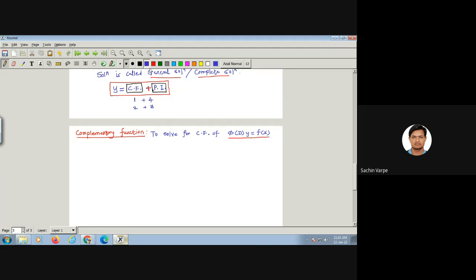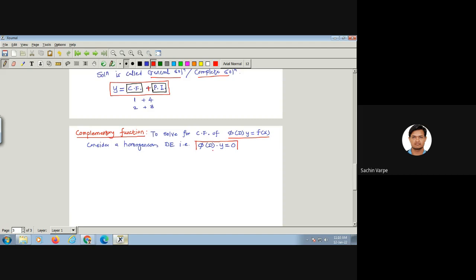So to solve this, we consider a homogeneous differential equation, that is phi of D into y is equal to 0. So this is called a homogeneous differential equation.